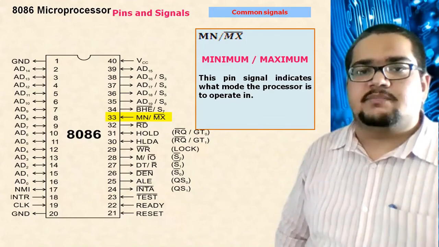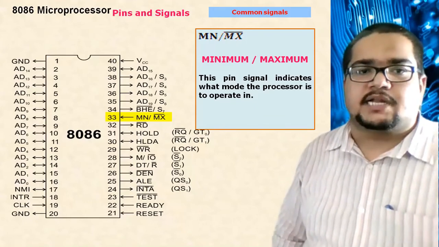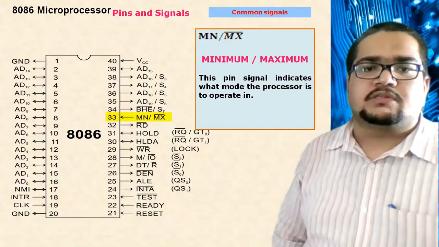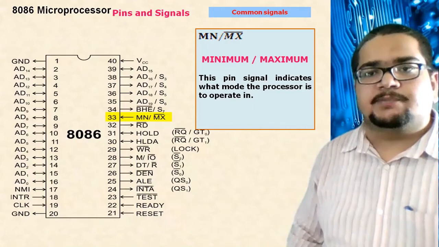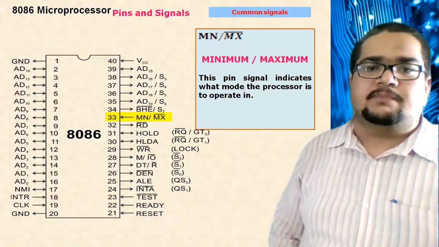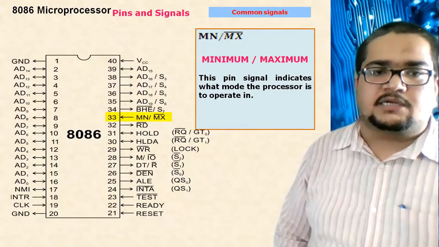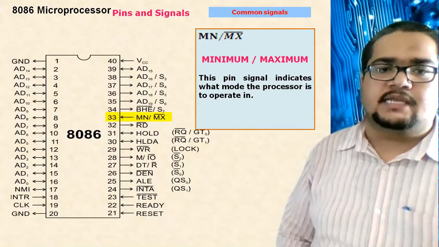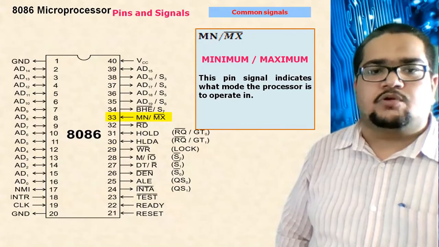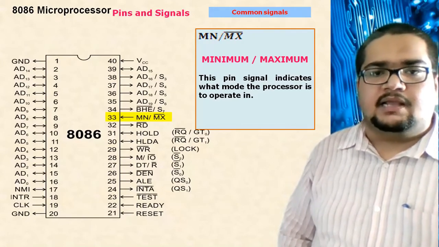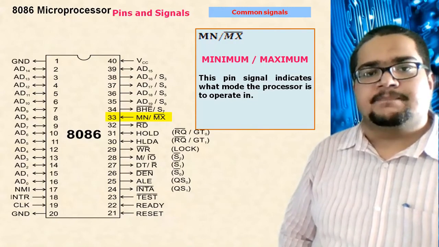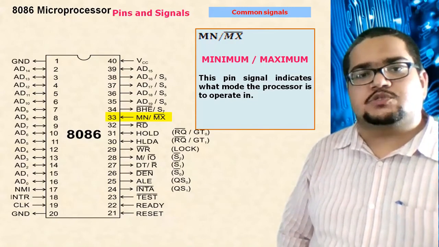What is there in minimum and maximum mode, you can check later, and that is pin numbers 24 to 31. Pin numbers 24 to 31 have two sets of functions assigned to them. Beside the block of the IC, you can see HOLD, hold acknowledgement, WR, M/IO and all up till this INTA. These are minimum mode signals. Similarly, we have another set of functions for these same pins.